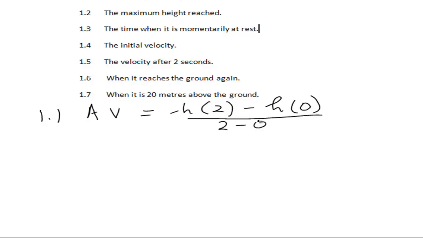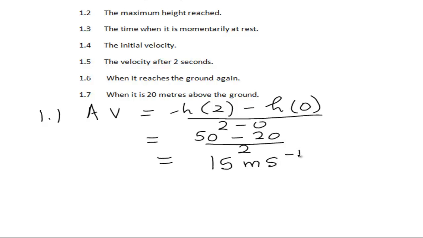If we substitute, you will get h of 2 is 50 minus 5t squared which is 20, divided by 2, and that would give us 15 meters per second.